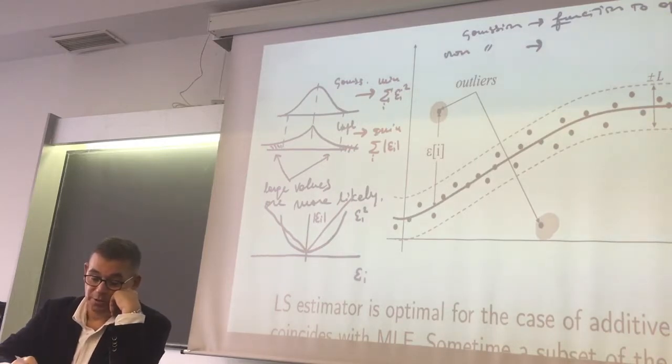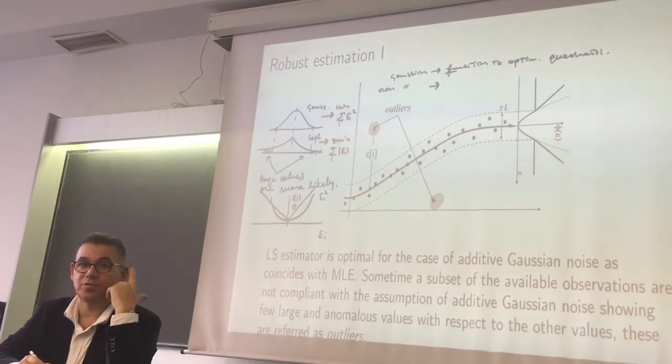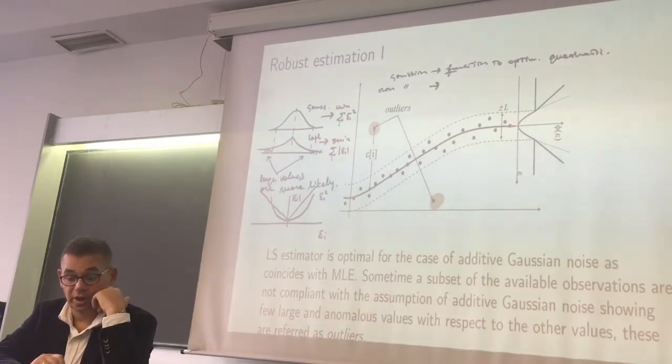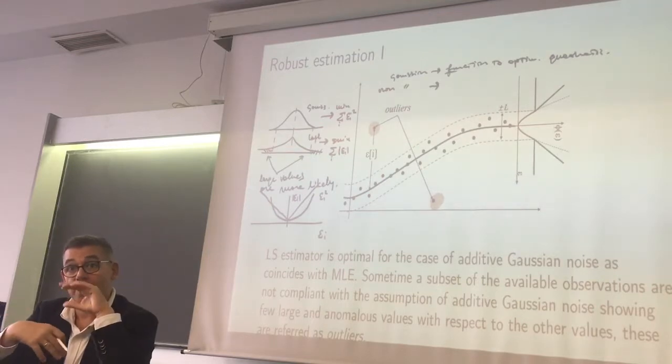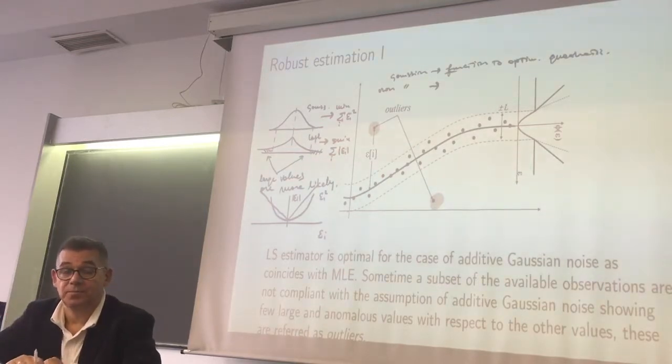Now, recalling that Laplace is related to the L1 norm. The L1 norm means I'm taking the absolute value of the error, while the Gaussian is taking the square of the error. Given that, I come to the way to handle estimation in case of outliers.